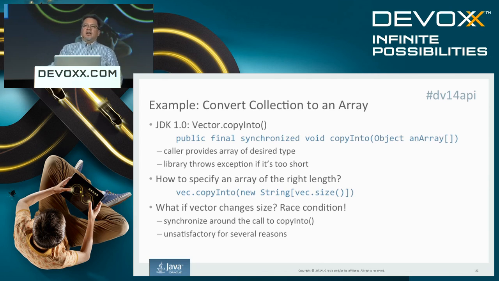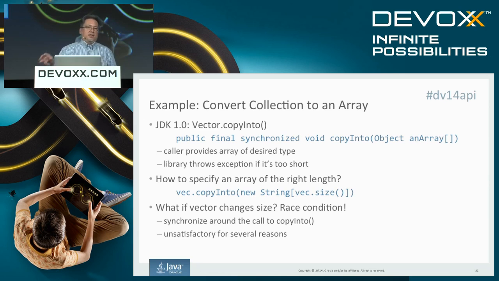If the client creates the array that's too short, then the library will throw an exception. And so that's not very friendly. So the typical way to do this is to say, okay, well, we just ask the vector what its size is, then create the array using that size, and then pass that array in. But you might see that there's a race condition here, because the vector can change size between the call to size and the call to copyInto.